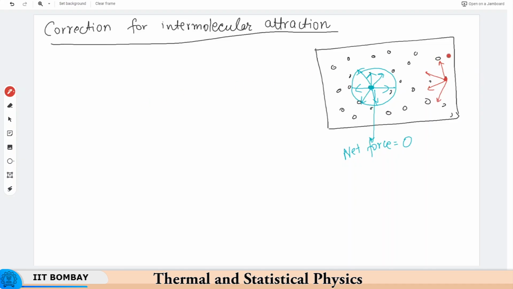So this molecule will feel a net attractive force away from the wall.